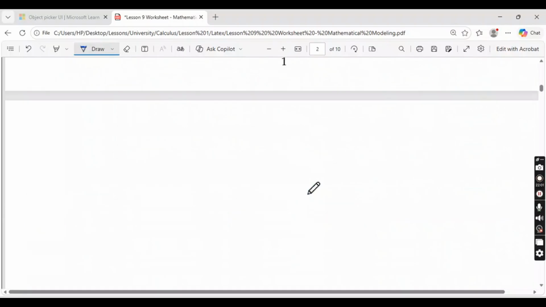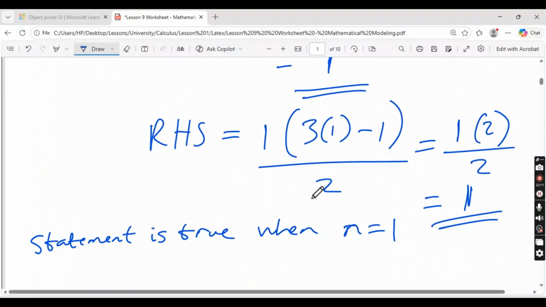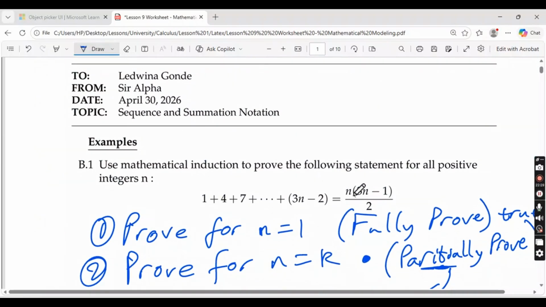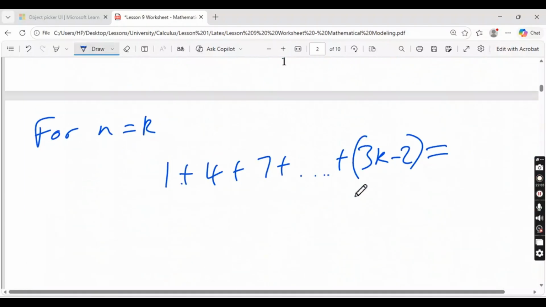So we write 1 plus 4 plus 7 plus dot dot dot plus 3k minus 2 is equal to k open bracket 3k minus 1 over 2. Okay, any question? No question.